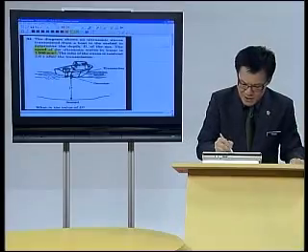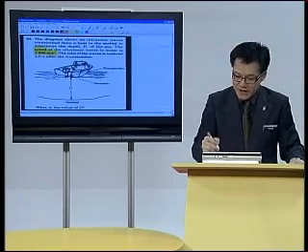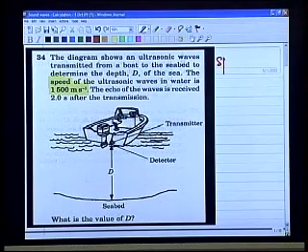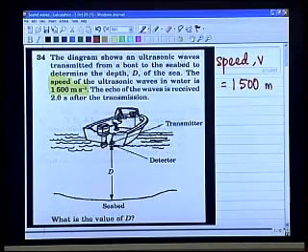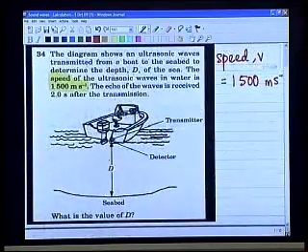I'm going to write this down. It's good to write down, even though it is given in the question. So the speed, I can call it V, of the waves equals 1,500 meters per second.